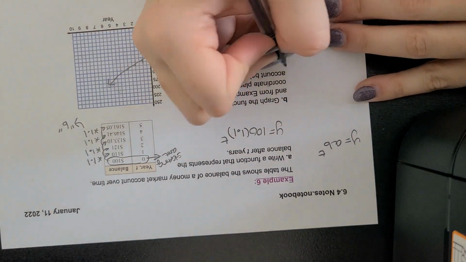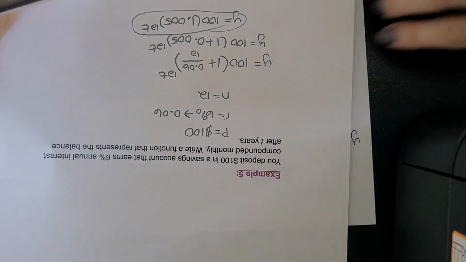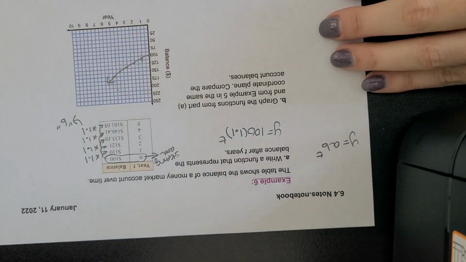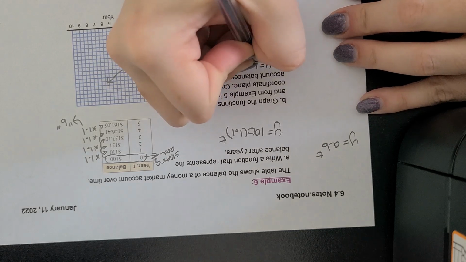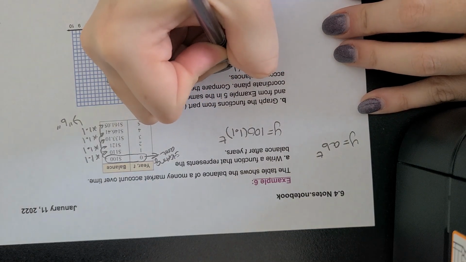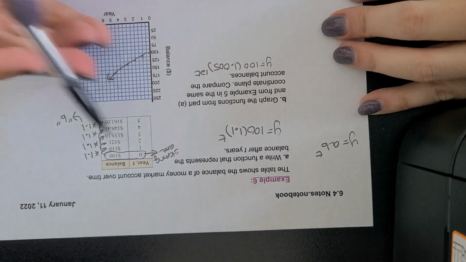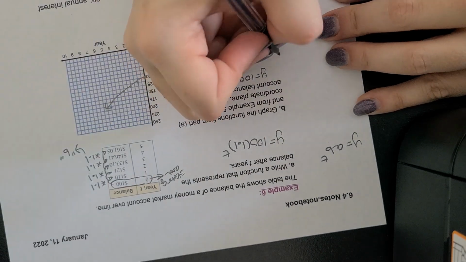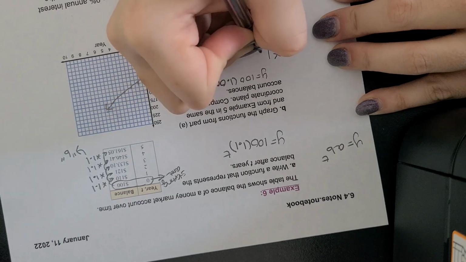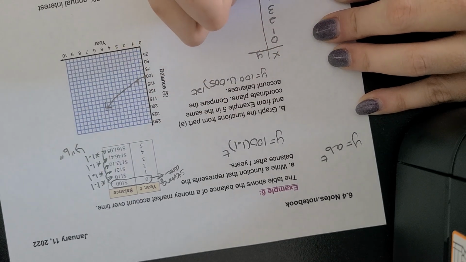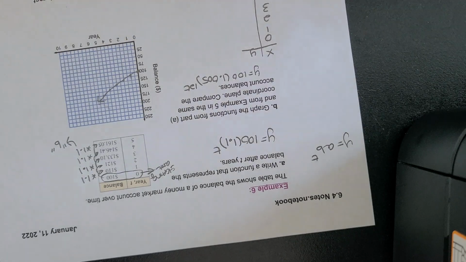So our other one from example 5, we had 100 times 1.005 to the power of 12t. And we want to do it for the same 0, 1, 2, 3, 4, 5. So I'm going to plug these into my calculator here.